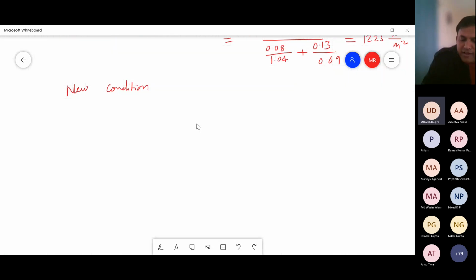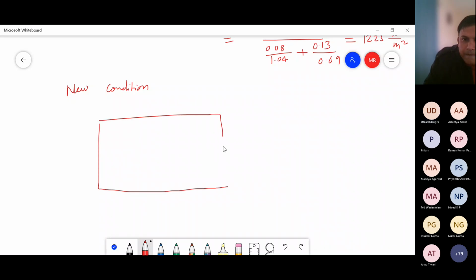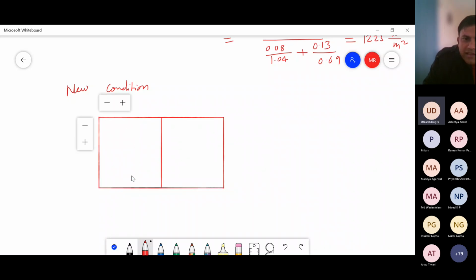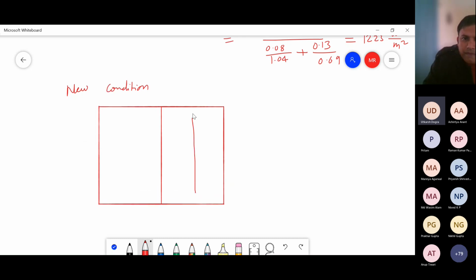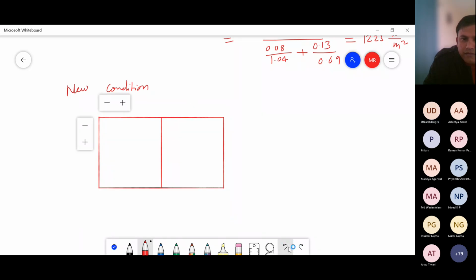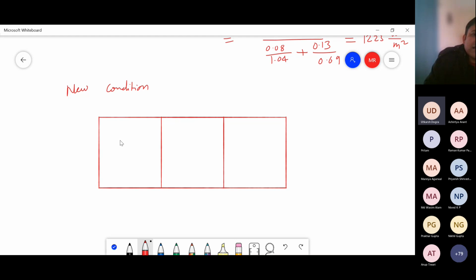So let me draw this figure again. We had this first layer, let's say this thickness was 8 centimeter.